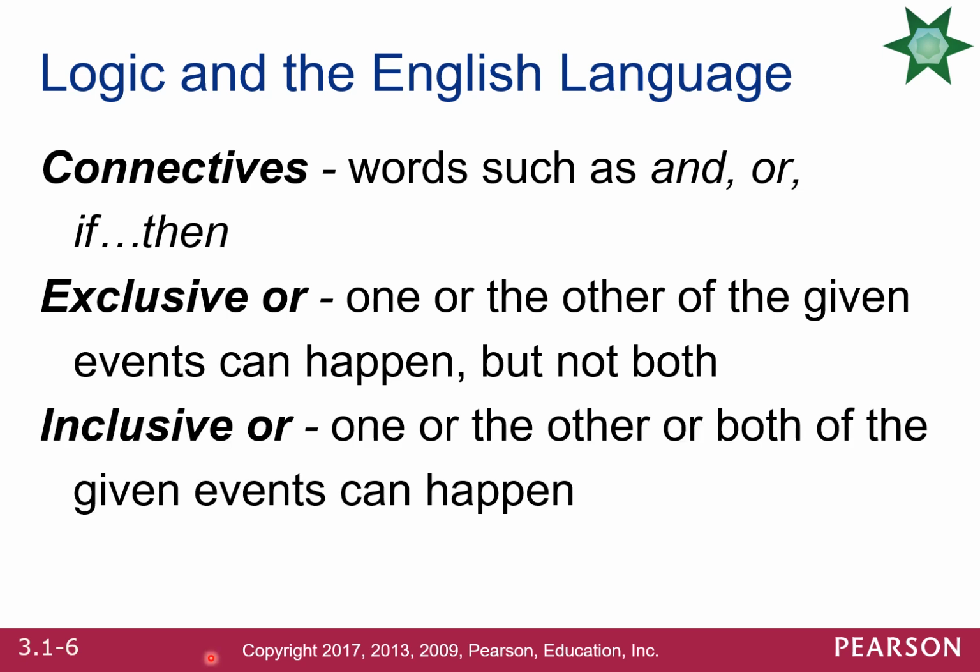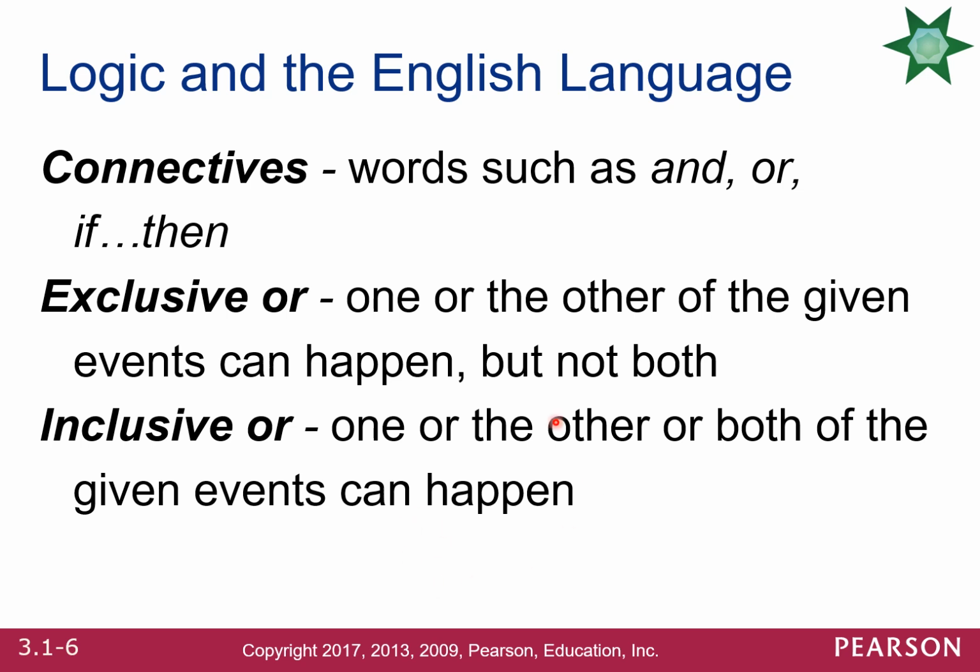And then we have what's called inclusive or, which means one or the other or both of the given events can happen. So for example, let's take these two thoughts: driving a car and wearing a red sweater. All right, so you can either drive a car or you can wear a red sweater, or you can do both.